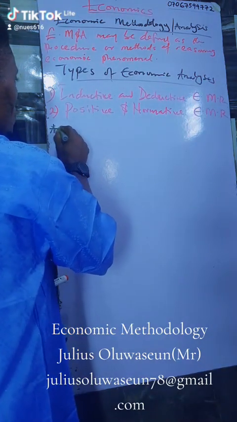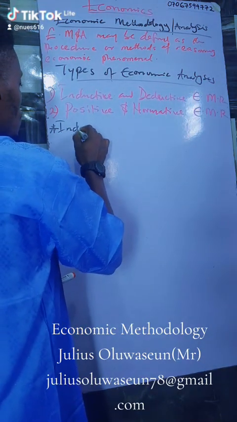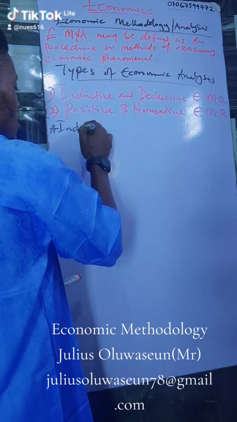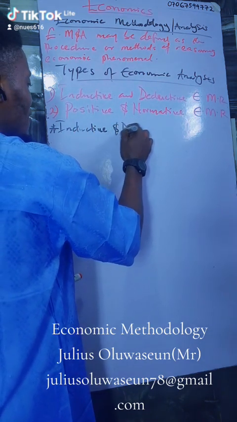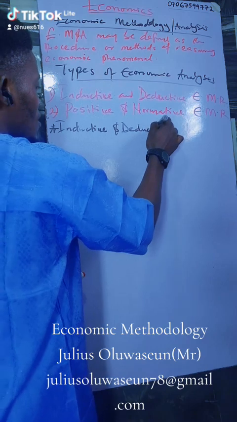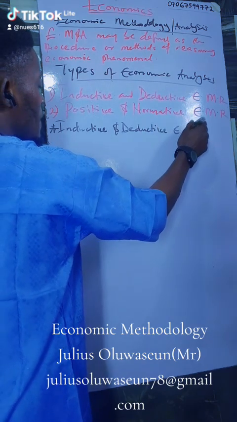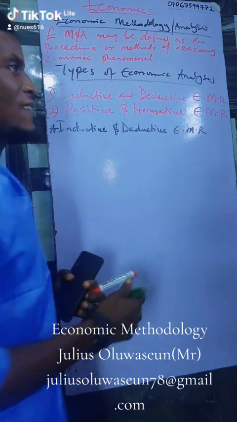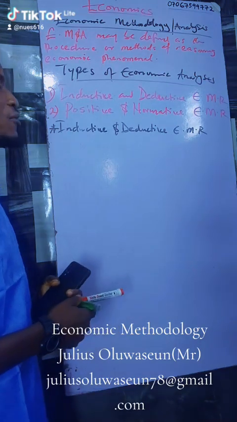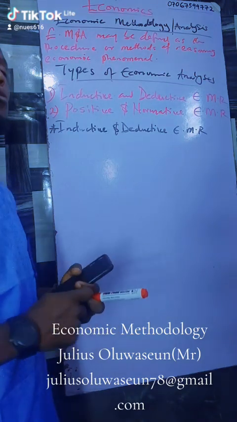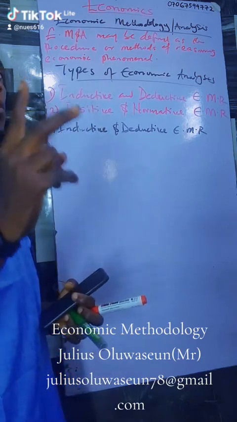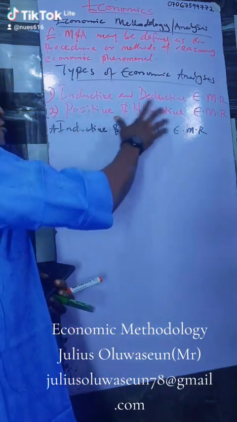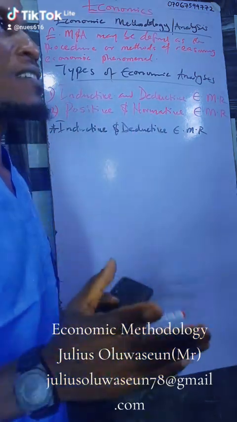We have number one to be inductive and deductive economic method of reasoning. Is that taken? You will discover that for our Roman figure 1 we have two in one, and number 2 we also have two in one, which are positive and normative economic method of reasoning respectively.